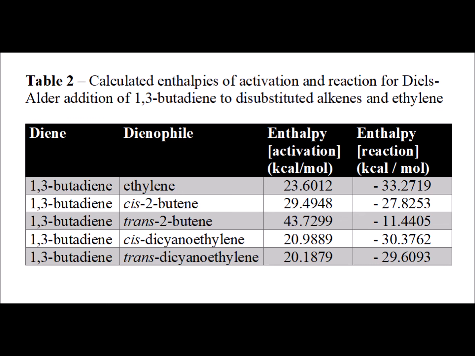Also, we see that when we add a strongly electron withdrawing group to the ethylene group, the cyano group, the energy of activation is much smaller than it is for a methyl group. This will be a continuing theme that we will explore further in future Diels-Alder videos.